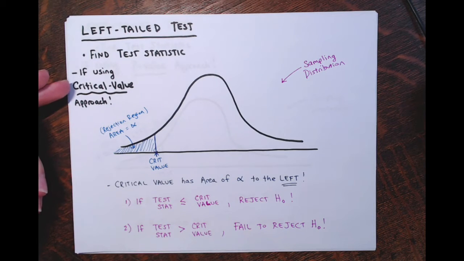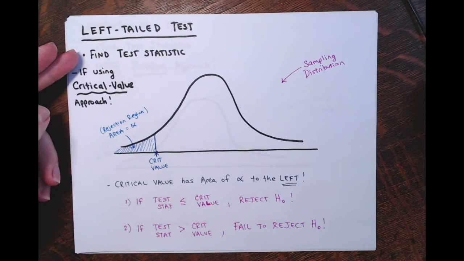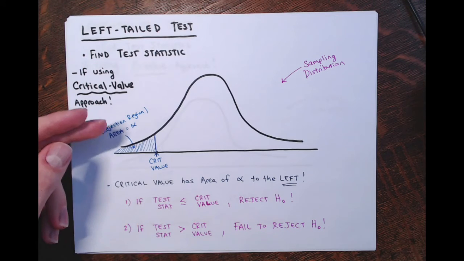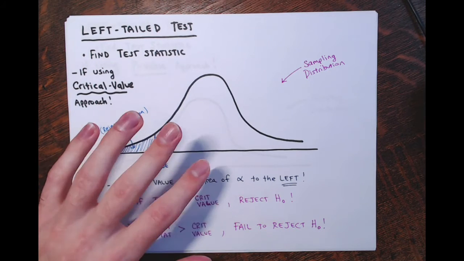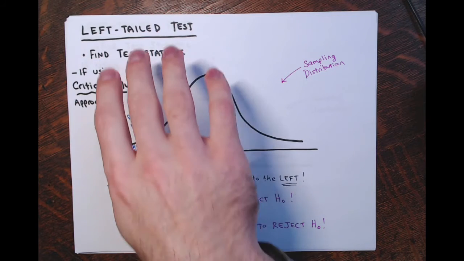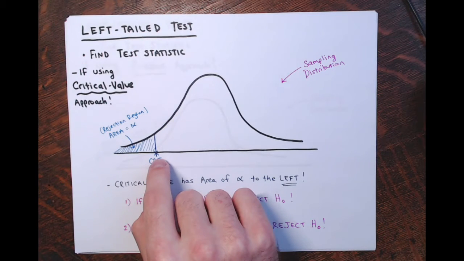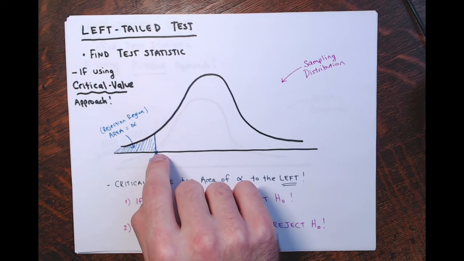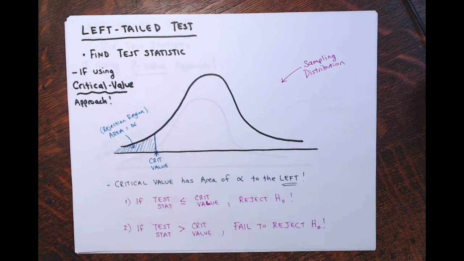If you're doing the critical value approach, first you find the test statistic for your sample, and you're going to have a sampling distribution, whether it be a normal distribution or a student's t-distribution or whatever. And for a left-tailed test, your critical value is whatever value on the number line has an area of alpha to the left, alpha being the significance level.